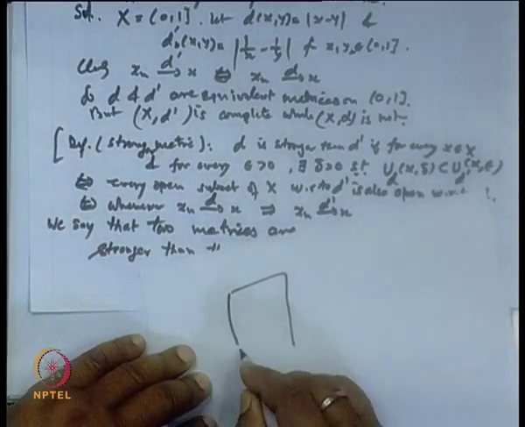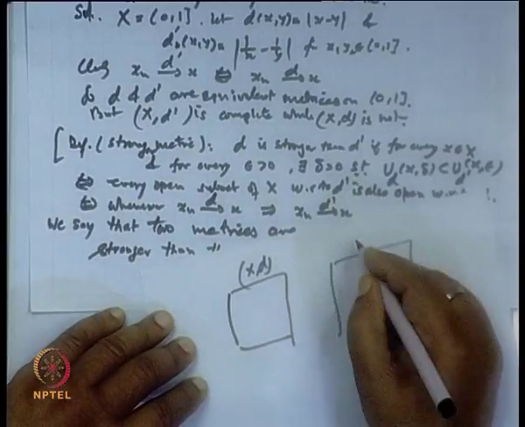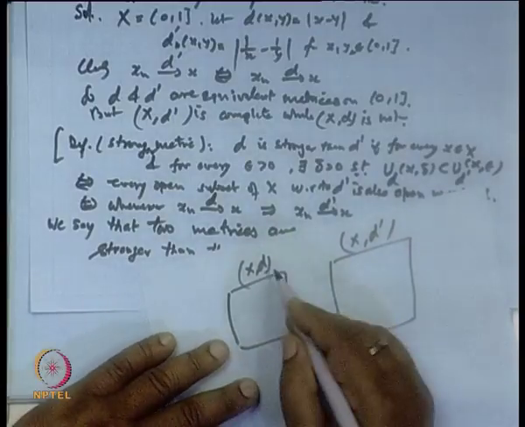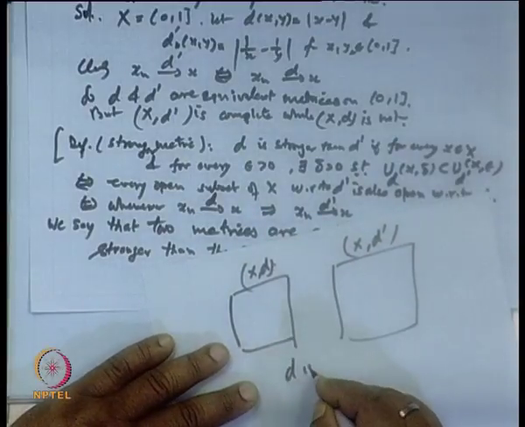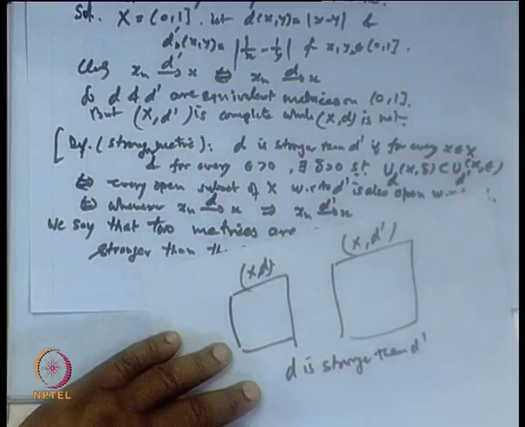Suppose this is a metric space X with metric D, and this is X with metric D dash. We say D is stronger than D dash.